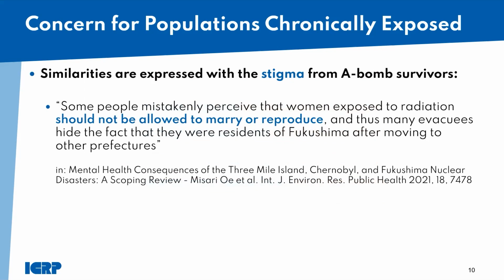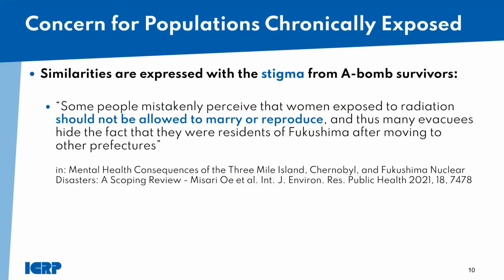And there are similarities which are expressed. There is a publication last year on the mental health consequences of Three Mile Island, Chernobyl, and Fukushima, and they clearly make the link with what has been observed after the A-bomb survivors, that there is a stigma among the population, and clearly there is still some discussion.